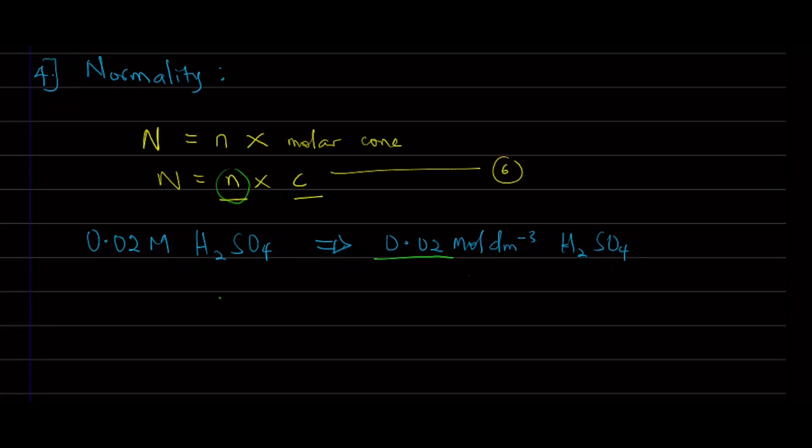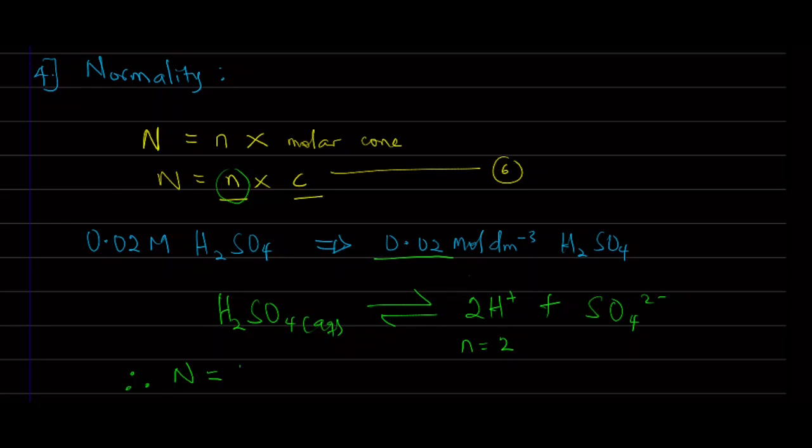In our subsequent videos, we will consider chemical equilibrium and ionization. Here, if I dissociate H2SO4 in aqueous solution, it is going to give us 2H+ and SO4 2- in aqueous as well. That means the number of replaceable hydrogen ions is 2. Therefore, to solve for normality, N is 2 times the molar concentration, which is 0.02.